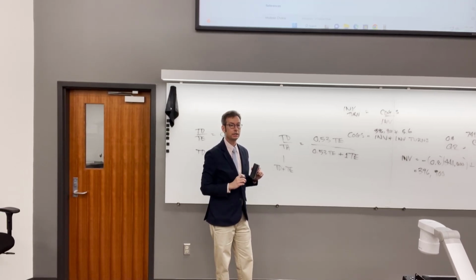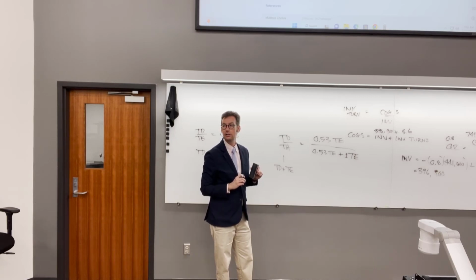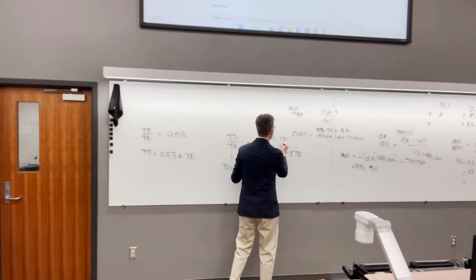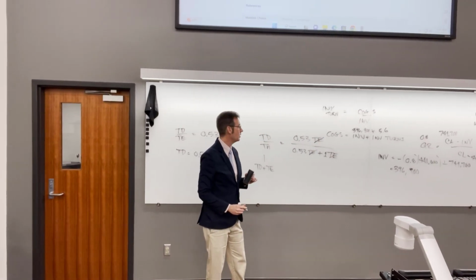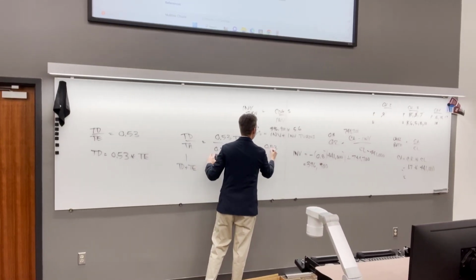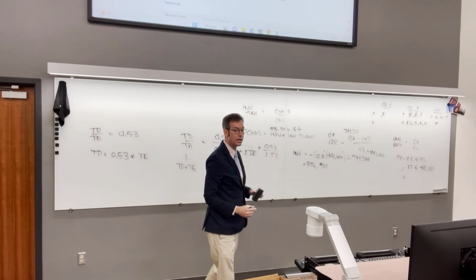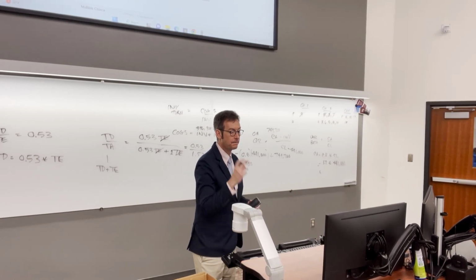Mr. Ali, what can I do next? What can I cancel out? TE. Yeah, I can get rid of all the TEs, right? Whoop, whoop, whoop. Does that make sense? And so what am I left over with? 0.53 divided by 1.53. I'm pretty sure if you do the math out, that will give you 0.35.